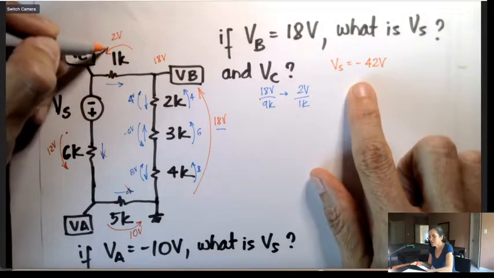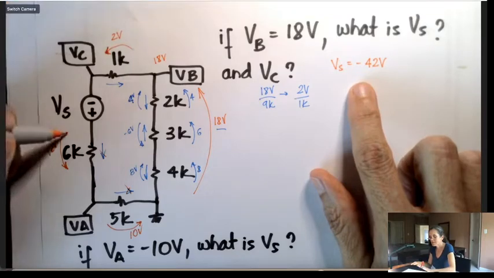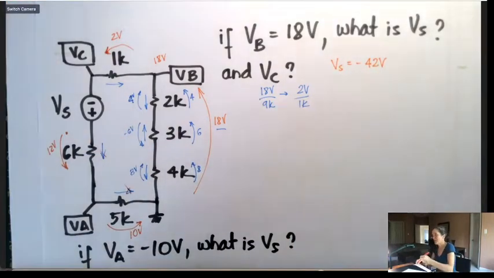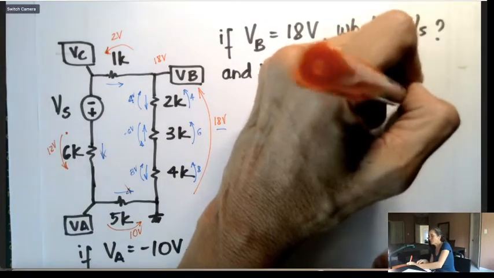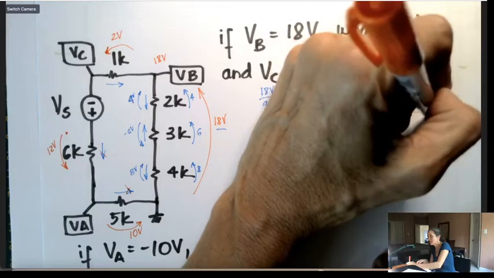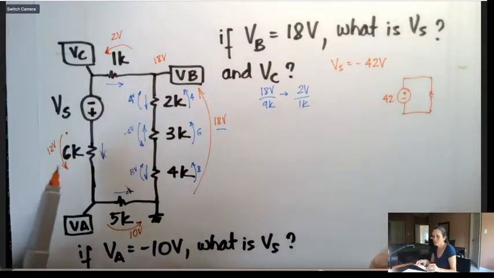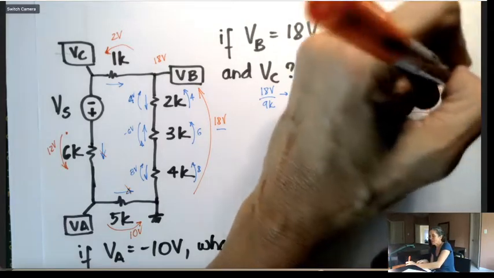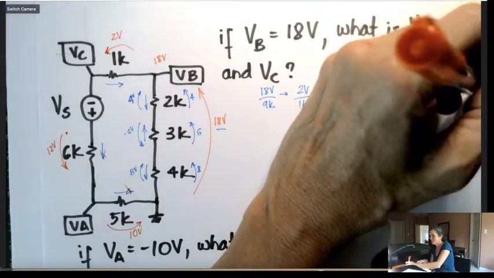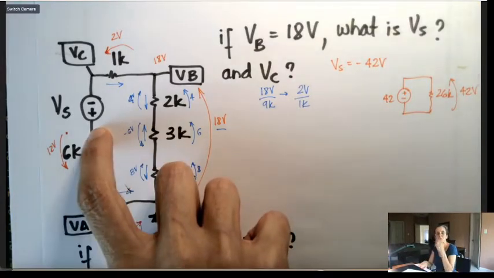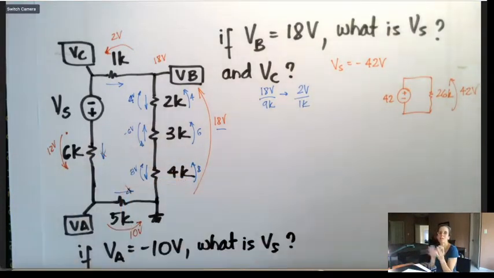Because this is the positive side and this is the negative side. So really, I was thinking to myself, I wanted 42 volts in this direction here, and then a ton of resistors there. You can sum all of them up, which will be 26K, and there's 42 volts there and 42 volts here. If, however, you switch the power supply, which I did here, then it's minus 42.